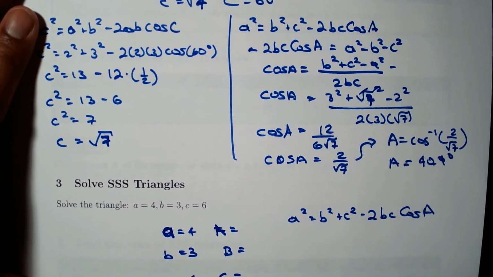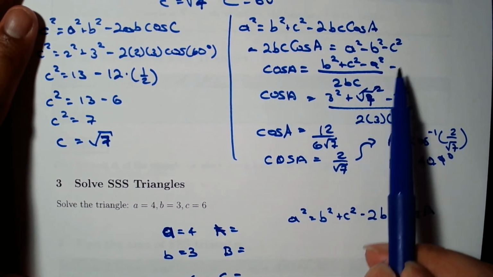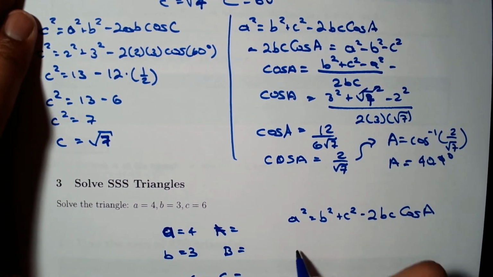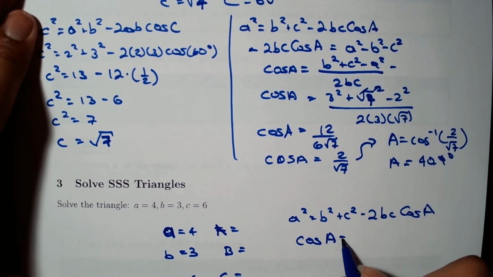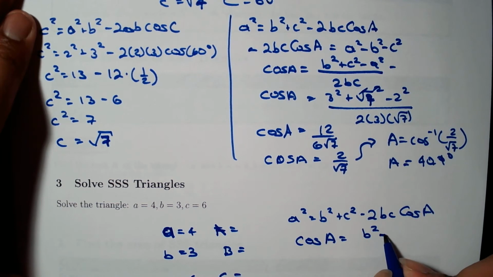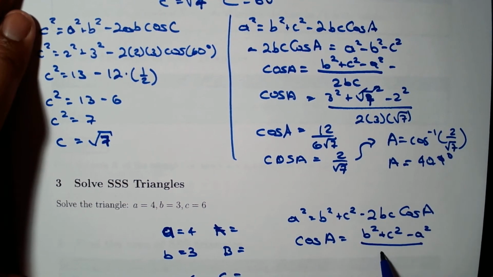Very similar to what we did in the previous example when we solved for cosine of A. Actually, to avoid too much work, I'm just going to use the result from the previous part. So cosine of A equals B squared plus C squared minus A squared over 2BC.